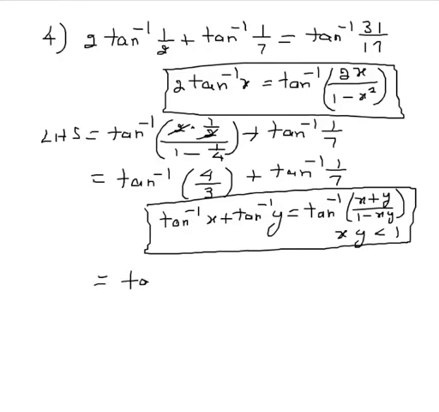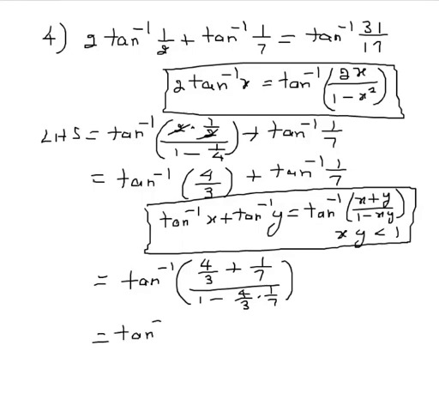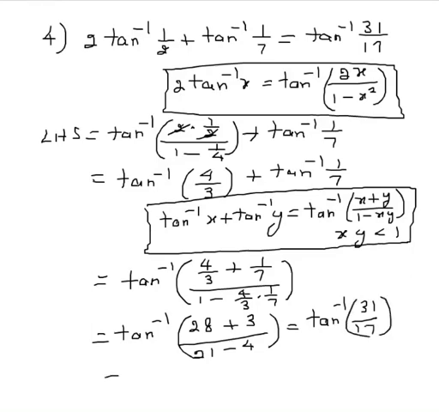I can apply this formula here. 4 by 3 plus 1 by 7 divided by 1 minus the product 4 by 3 times 1 by 7. Take LCM. LCM is 21. LCMs could be cancelled. We get 31 by 17, which is the right hand side.